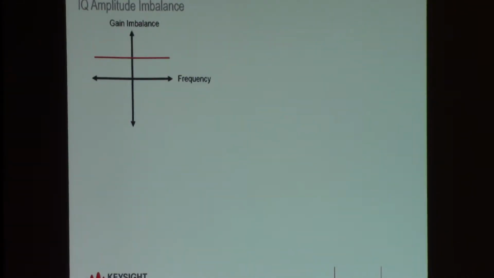Okay, so if we think about that for a moment, if we had a gain imbalance, we could have an error that looked like this, where say the I or the Q signal had higher gain than the other one. We would have an offset either up here or below here.